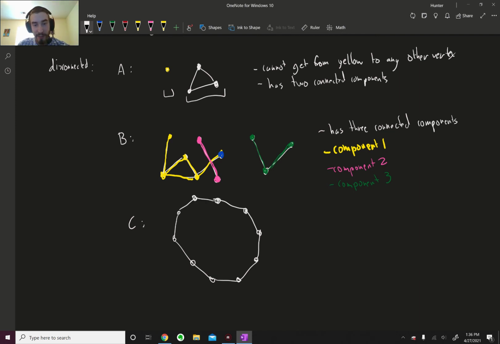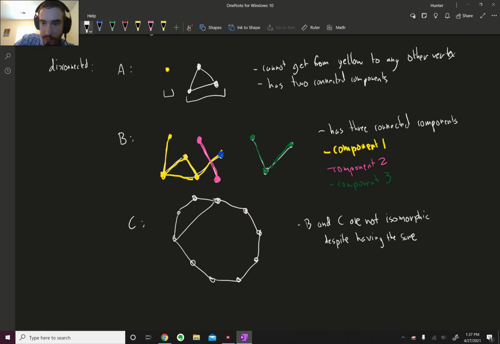This graph also has 10 vertices, but it has only one component, so we can see that B and C are not isomorphic, despite having the same number of vertices. Okay, and we'll stop there.